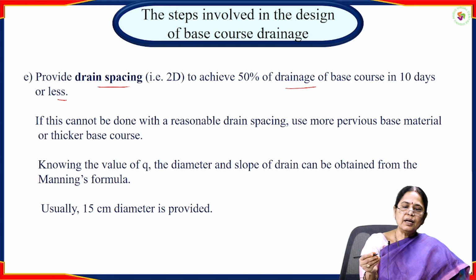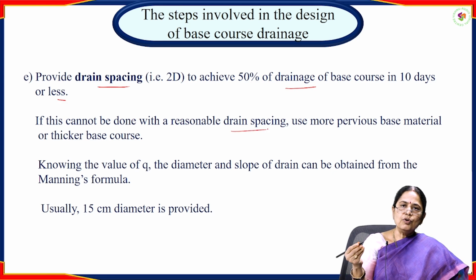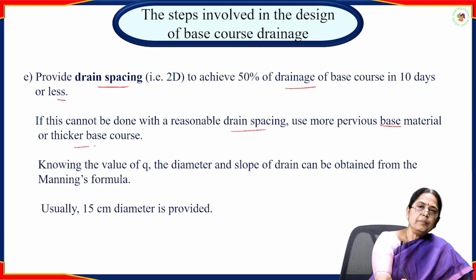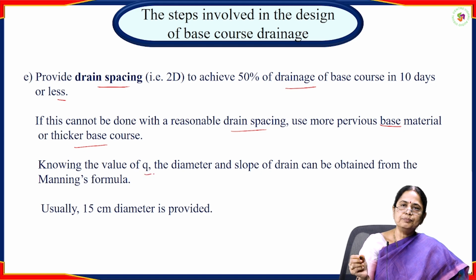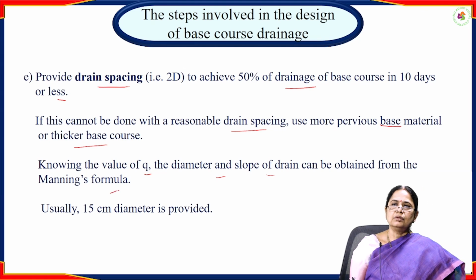If it cannot be done with reasonable drain spacing, you have to go for a more pervious base material or a thicker base course. Knowing the value of Q, the diameter and the slope of the drain can be obtained from Manning's formula.